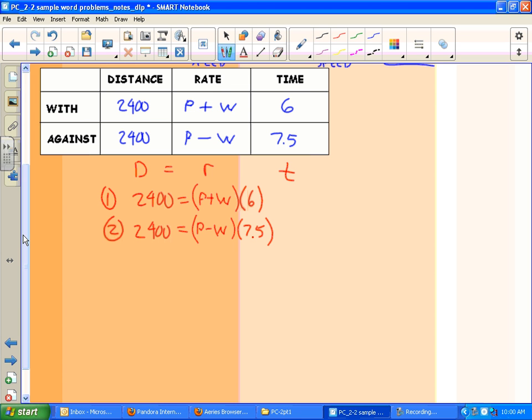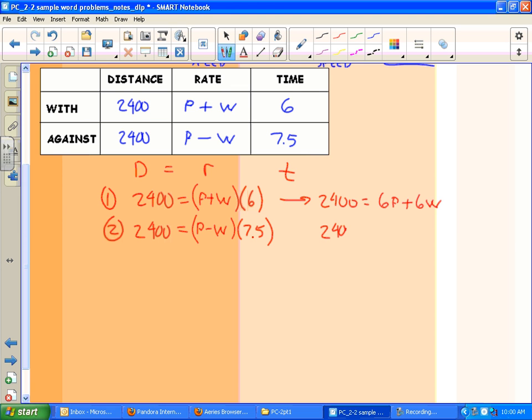We want to set up a system, right? And I'd like to probably keep P's and W's with their coefficients in front of them, so I'm in standard form. It's not that you can't solve it this way, but it's probably better for us to do this. 6P, distribute the 6, and 6W.